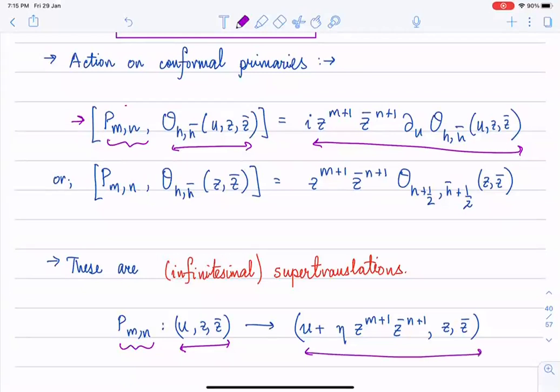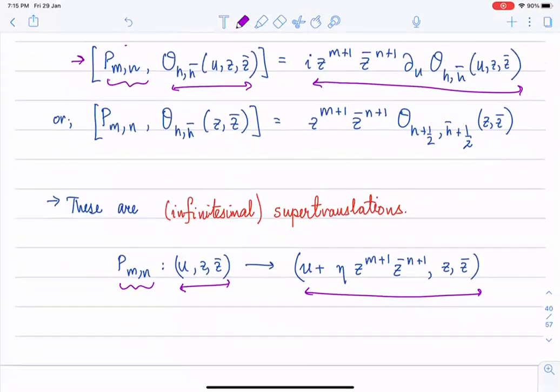So what you recognize is that this is an infinitesimal version of the following statement: u gets translated by some arbitrary function of z and z bar, and the z, z bar don't change. And that is essentially the statement of super translations.